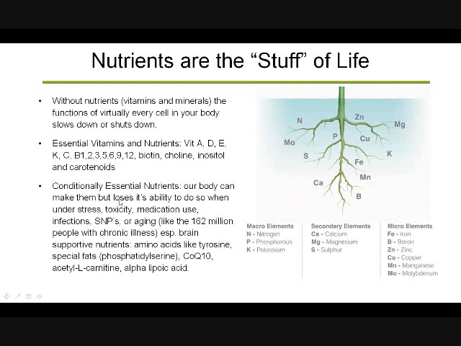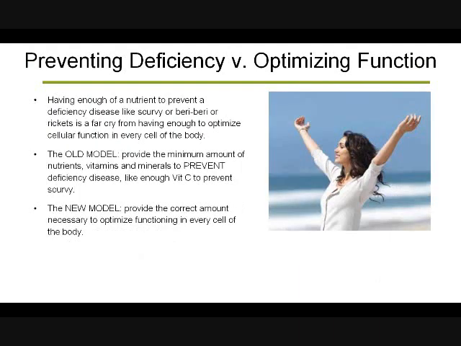And there are conditionally essential nutrients, things our body can make, but under stress, it might need more of the precursors, more of the foods that have them in it to make sure it can keep up with the demand. So the paradigm in deficiencies is this. We used to think, and the old model was the RDA, the recommended dietary allowance.